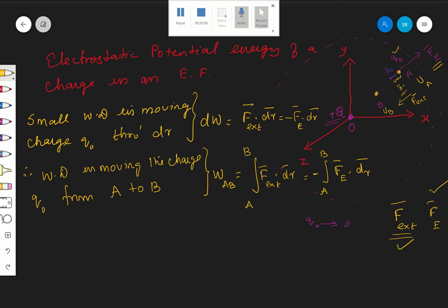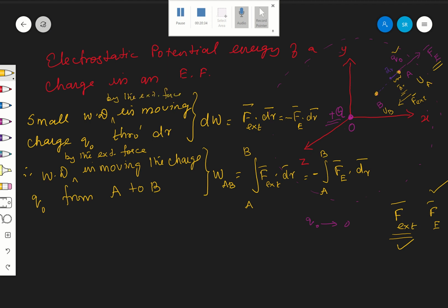Are you following? Now, when a charge Q naught is moved from A to B by the external force without acceleration, some work is done by the external force, that is very important. Small work is done here also by the external force.